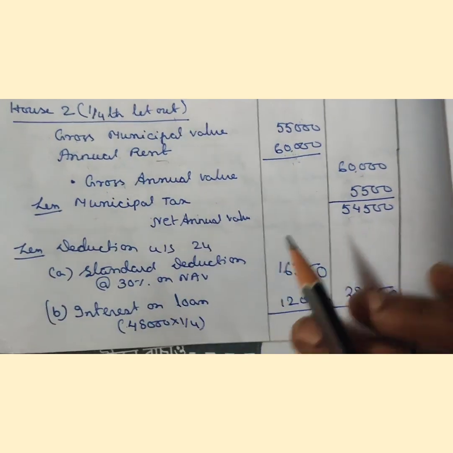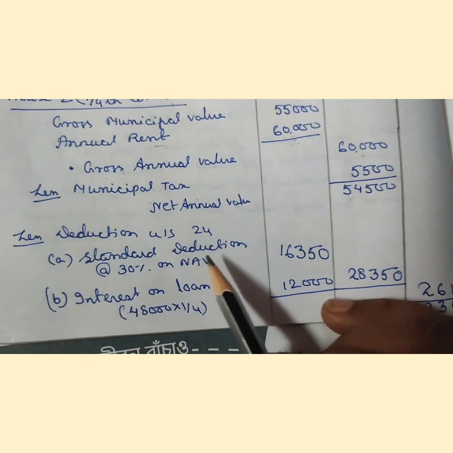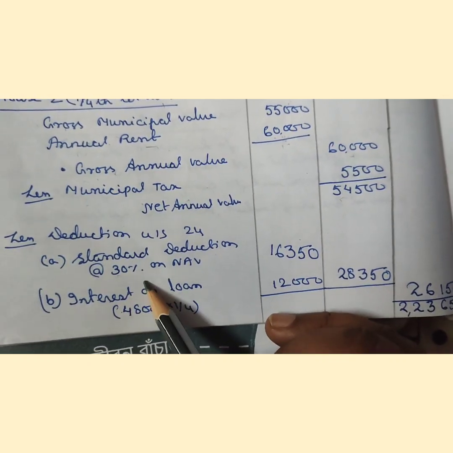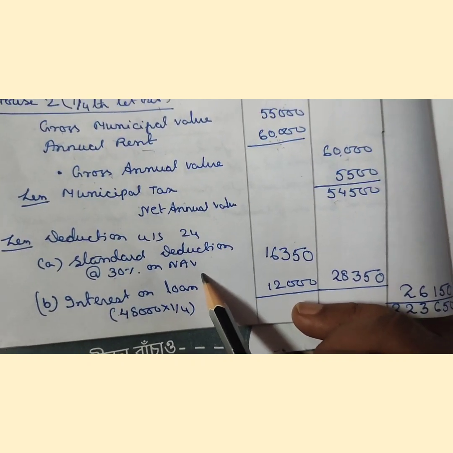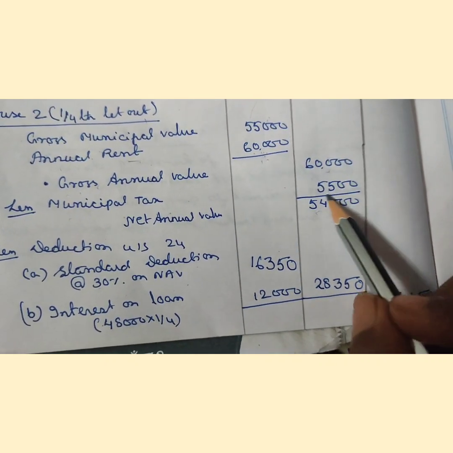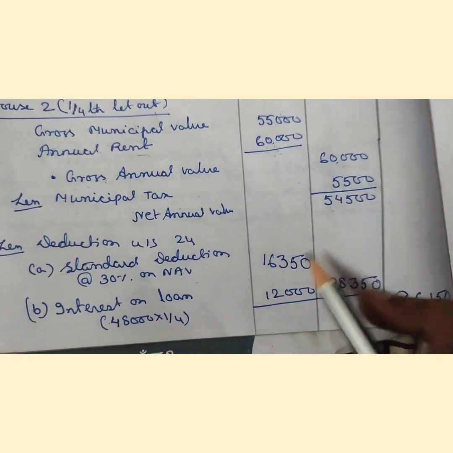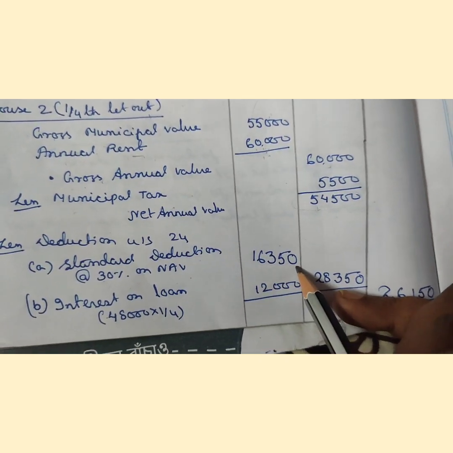From here there are two deductions under section 24. Standard deduction, that is at the rate of 30% on NAV, that is 16,350, 30% on 54,500, that is 16,350.